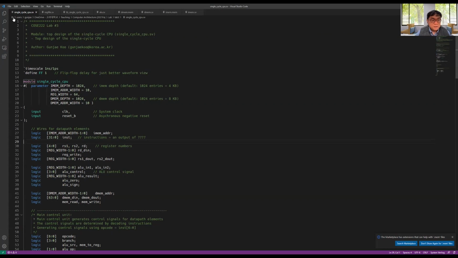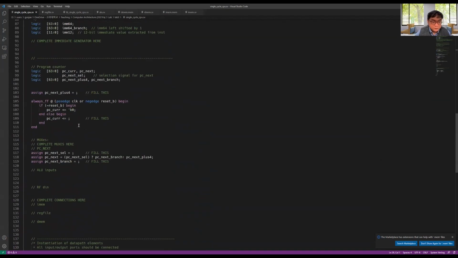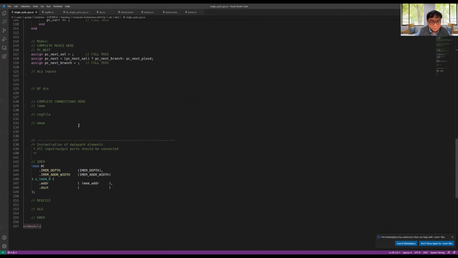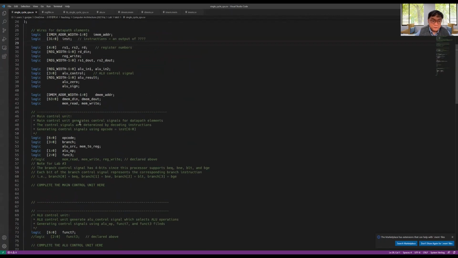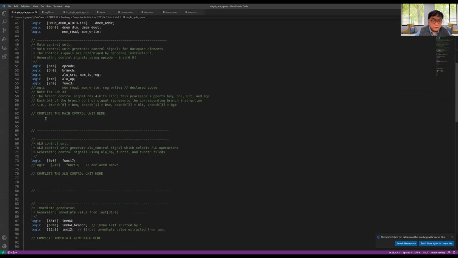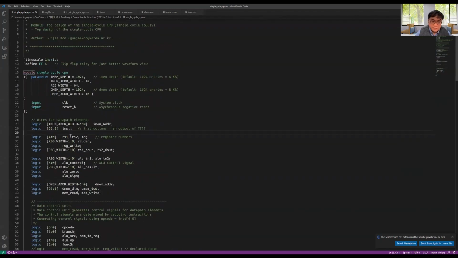If you see this single_cycle_CPU.sv SystemVerilog file, you can find that some code is already completed, and you can fill in the incomplete parts in this single cycle CPU design.